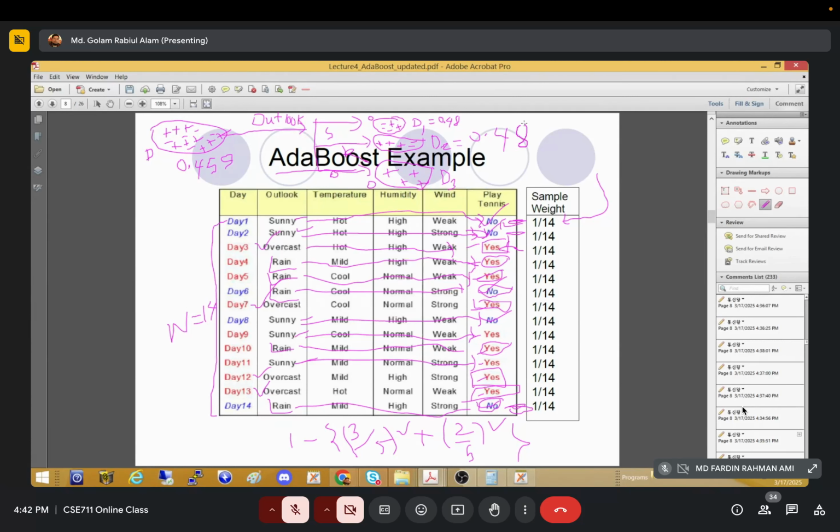Now we know the Gini impurity of D1, D2, and D3. Now what we have to do is find out the induced Gini by outlook, and we know how to do that. So how can we find out the induced Gini by outlook?